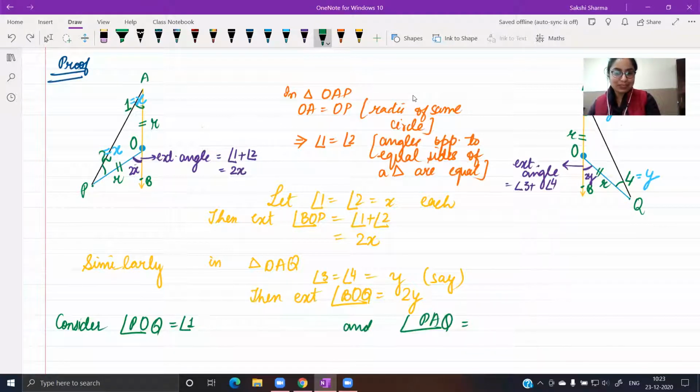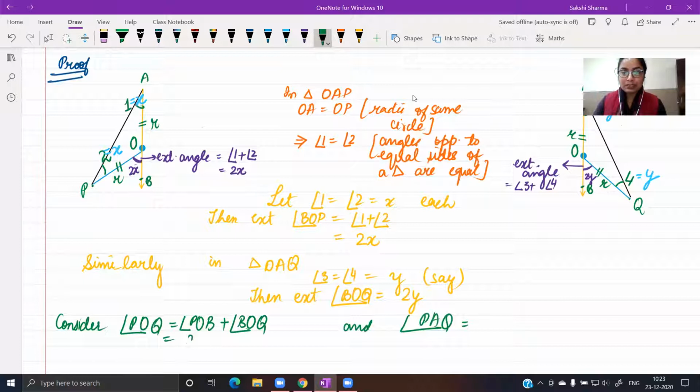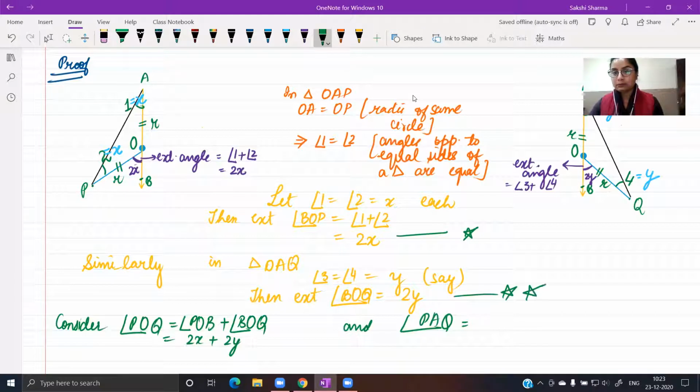I'm sorry, I just mixed that up. POQ is formed of POB and BOQ. This is 2x and 2y. We just obtained the values for these. And this is made up of angle number 1 and angle number 3, the angles at the circumference.